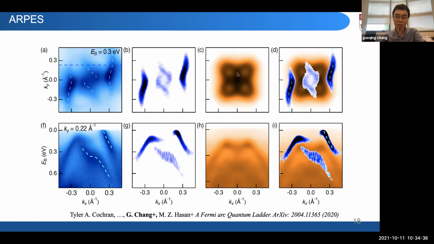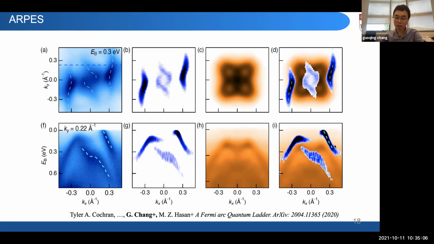So this is the direct measurement of the bulk states, and we put this surface state measurement on top of the bulk measurements. On the constant energy contours, we can see this arc structure is within the pockets from the middle bands and outside the pockets from the lower bands. And this other arc structure is outside the middle pockets and connects all the way to the corner.